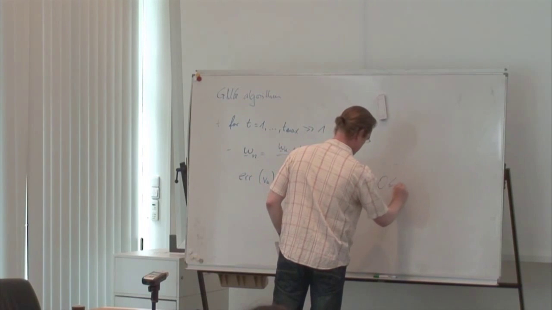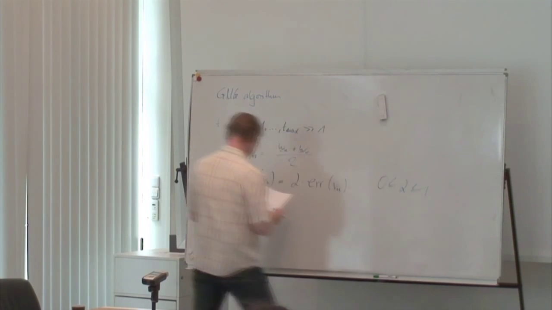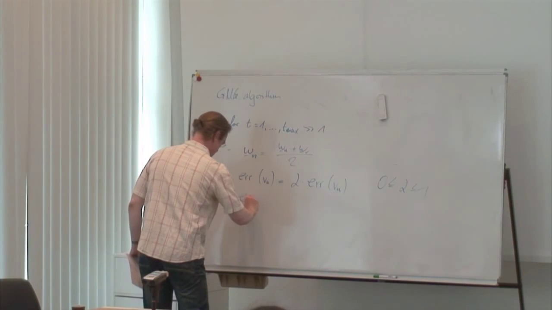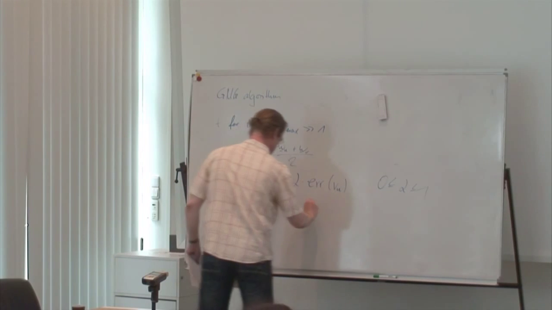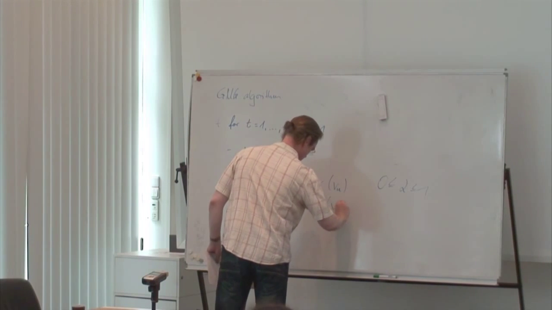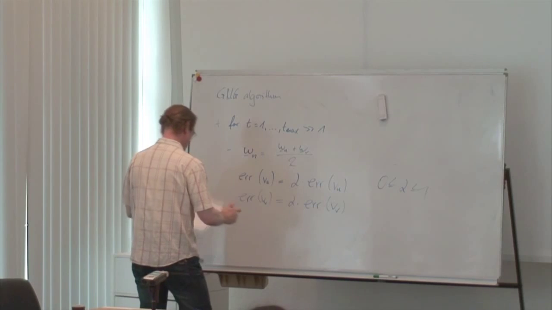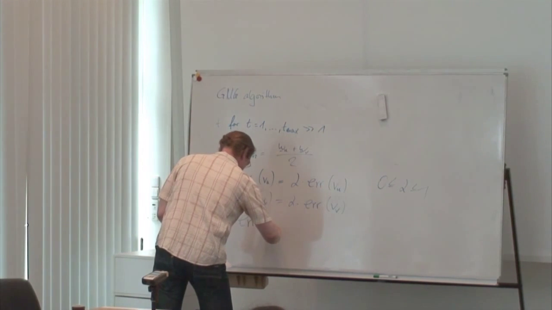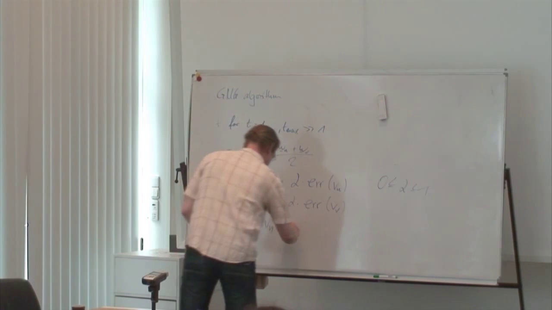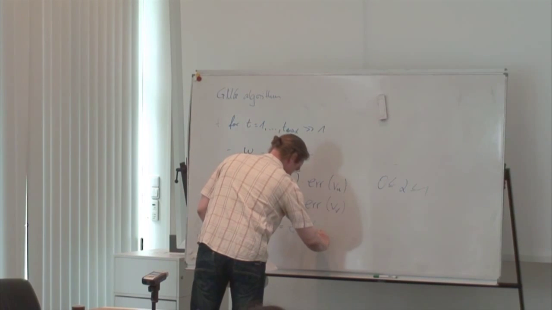Alpha is again between 0 and 1. We do the same for this vertex Vv, alpha times its error, and we compute the error of this new node, Vn, as simply the error of this node, Vu.